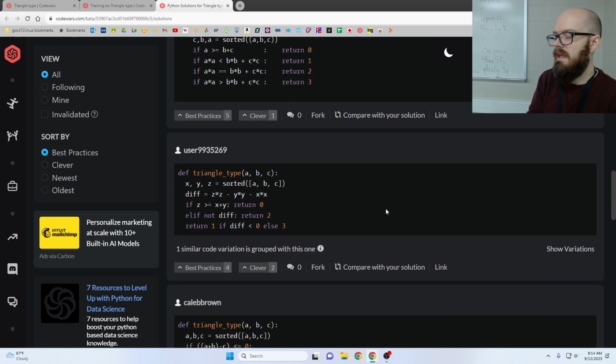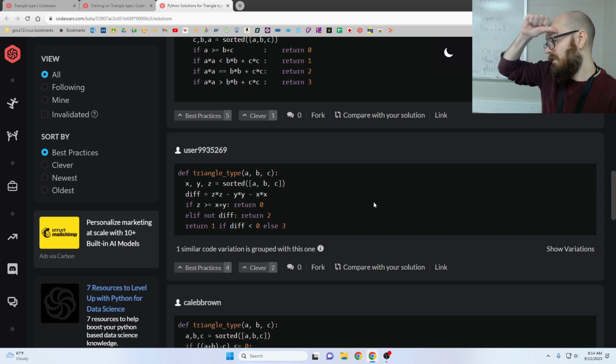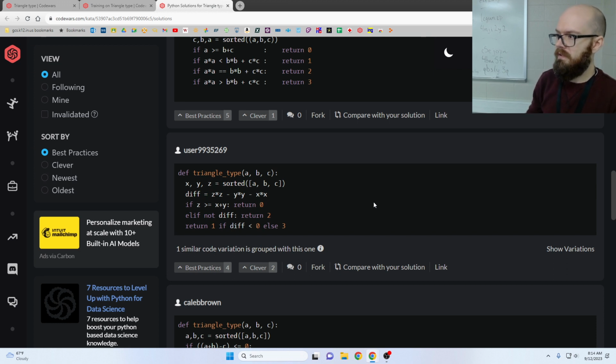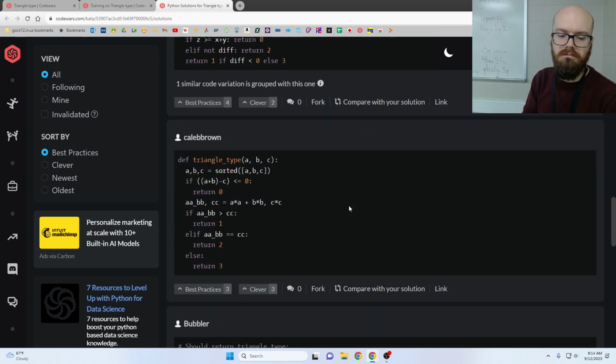Some of them have a name for this diff, or one of them called T, I don't know what that stands for, to say that, hey, we've got the Pythagorean theorem shifted a little bit to compare, is it bigger, smaller, or equal, and then that is nice. A little intermediate name for that idea instead of just writing them out every time.